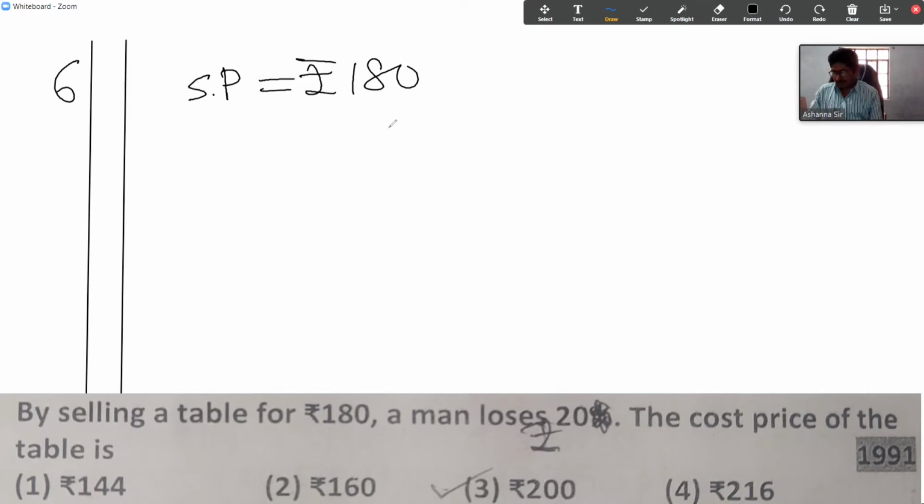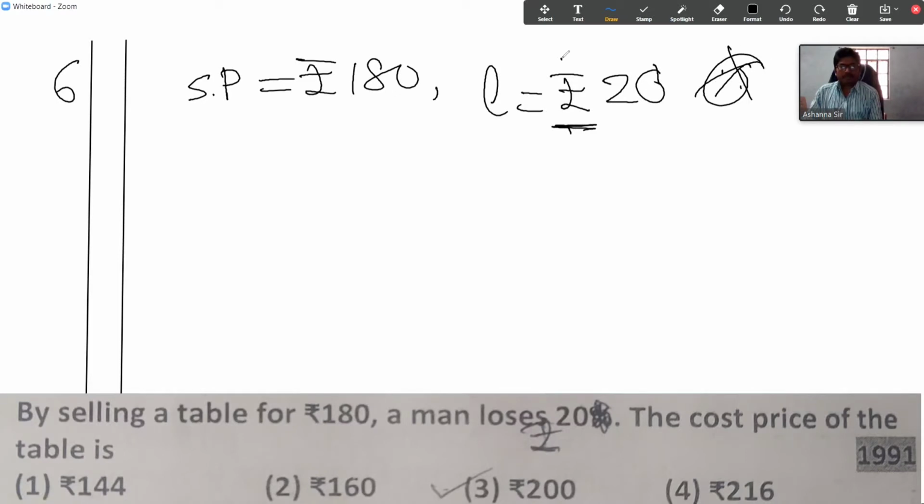Here a man loses not a percentage, rupees, 20 rupees loss. You correct it, children: delete this percentage sign and keep the rupees symbol.